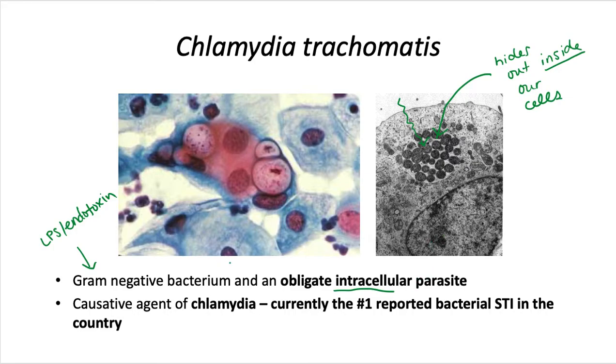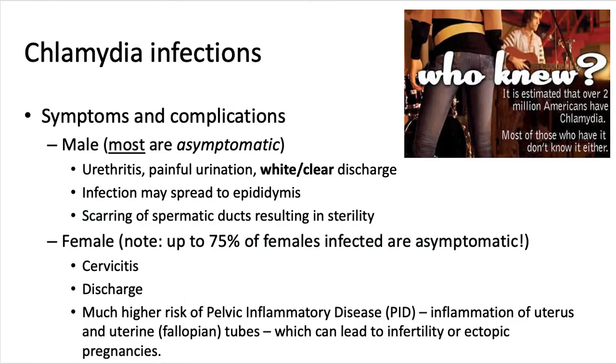The name of the infection is chlamydia, and as I've mentioned before, it is the number one reported bacterial STI in the country. Not number one overall, that will belong to HPV, which we'll talk about later in this lecture. HPV, of course, is a viral infection. So let me tell you a little bit more about chlamydia.